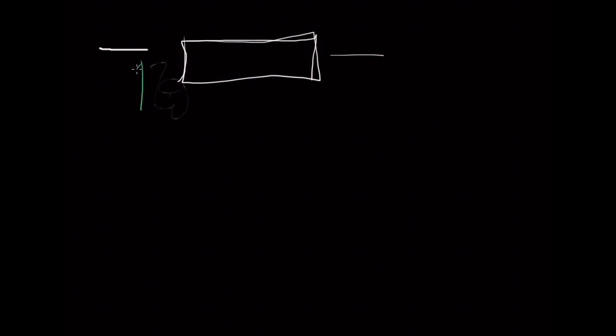So what we're going to do first is draw a simple schematic of a CRRT machine. Here's your filter, and we're going to have some fluid come in, and so we're going to use some different colors here. And let's change this around.